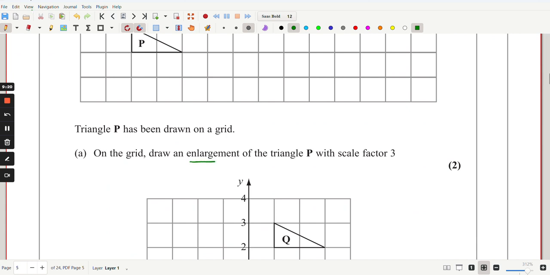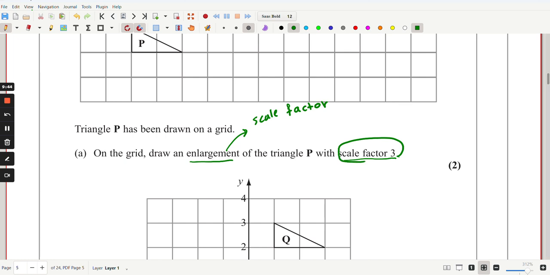Enlargement may be bigger or smaller, depends on the scale factor. Scale factor here is greater than 1 and positive, that means we are going to make triangle P bigger than the original triangle. So enlargement needs a scale factor. In our question, the scale factor is 3.